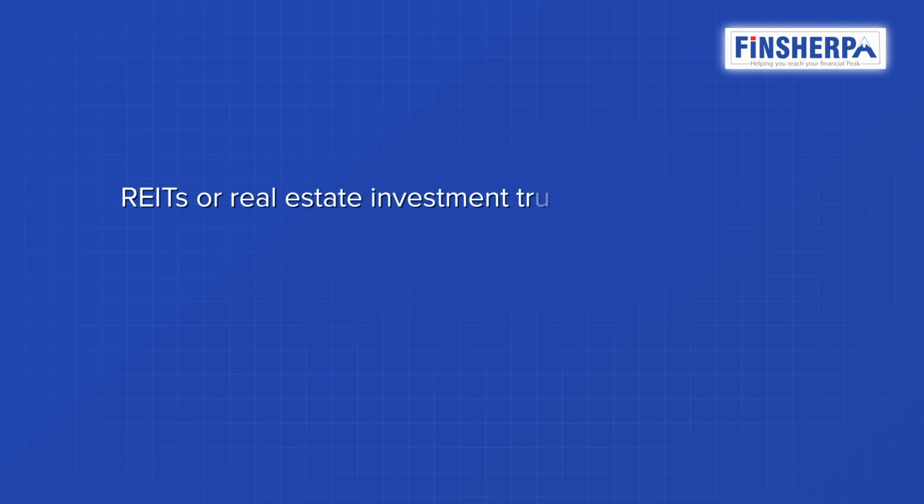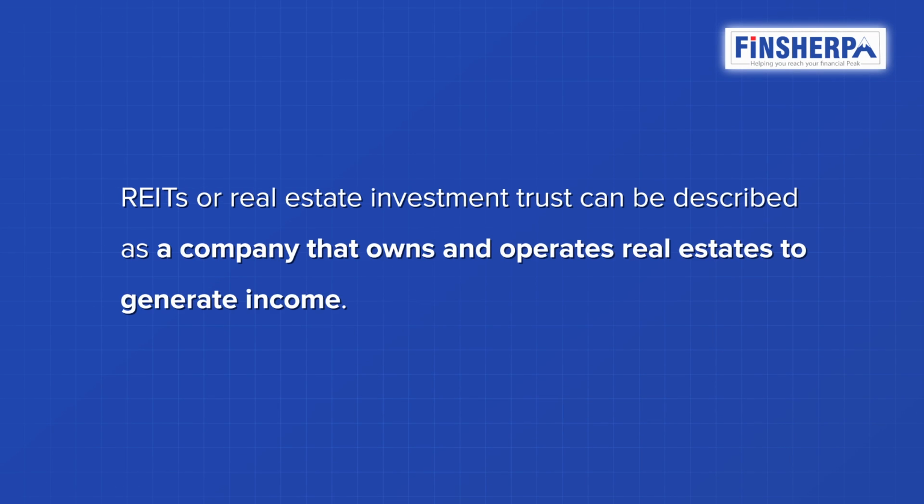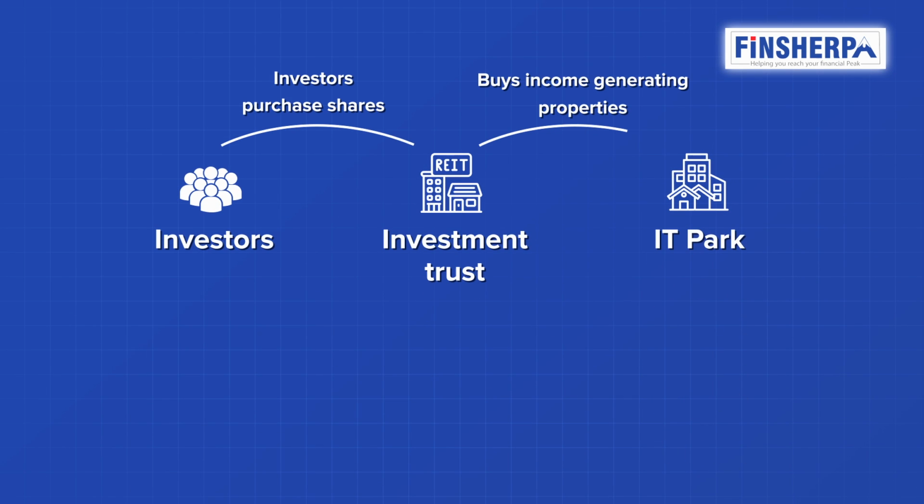A REIT is nothing but a securitized asset that is put into an investment trust. The investment trust then floats a public issue where investors subscribe to the units of the investment trust. The investment trust core holding is the real estate. So it could be an IT park, which is the core asset.